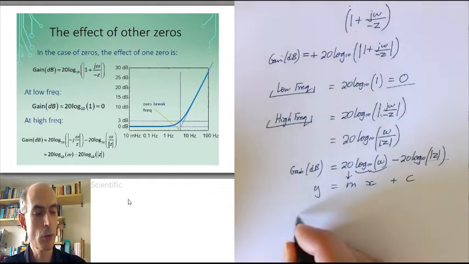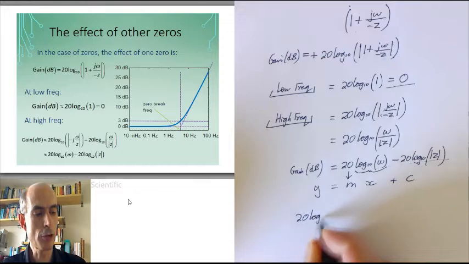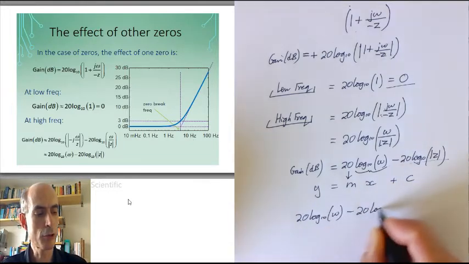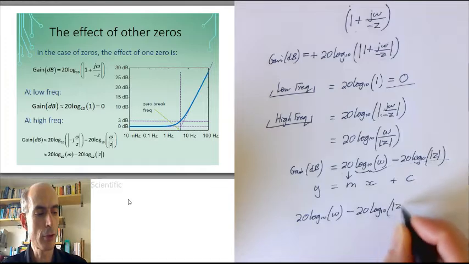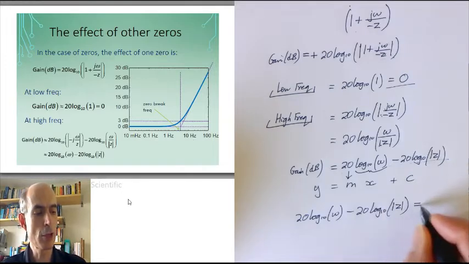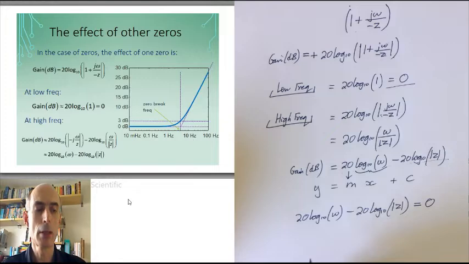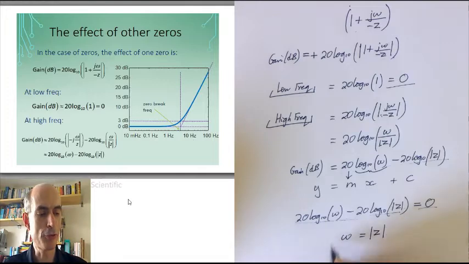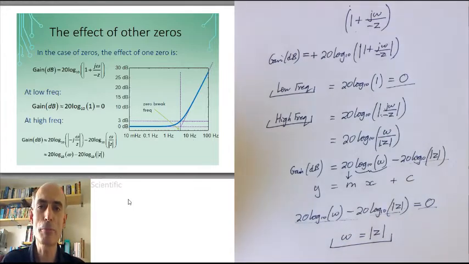In other words, where 20 log 10 of omega minus 20 log 10 of the modulus of the zero z is equal to 0. That's the high frequency approximation, that's the low frequency approximation. Hopefully it's obvious that this is going to happen when omega is equal to the modulus of z. So that is our break or corner frequency.